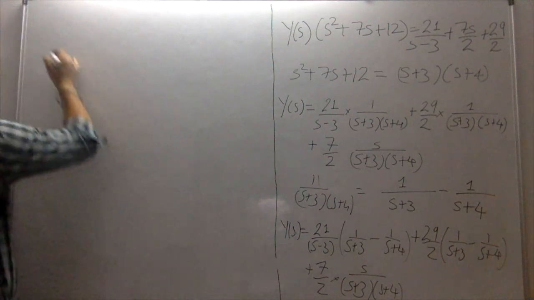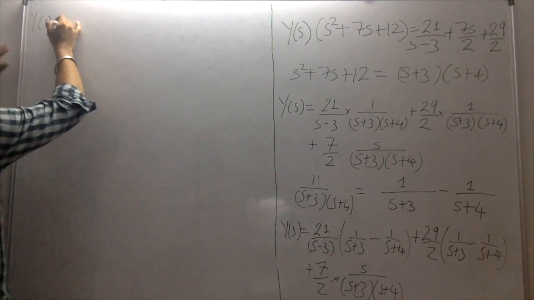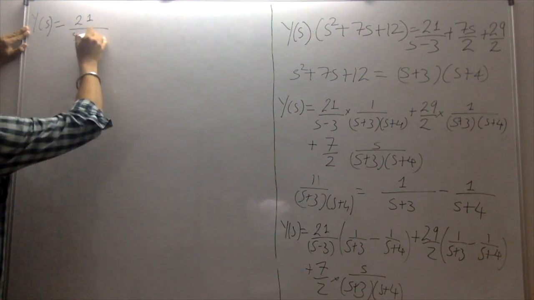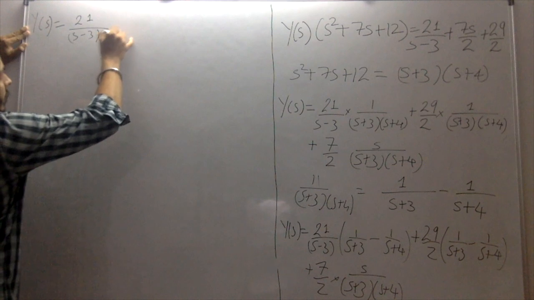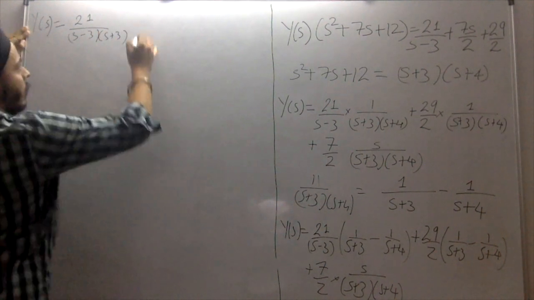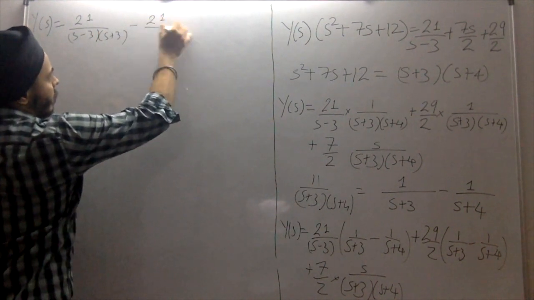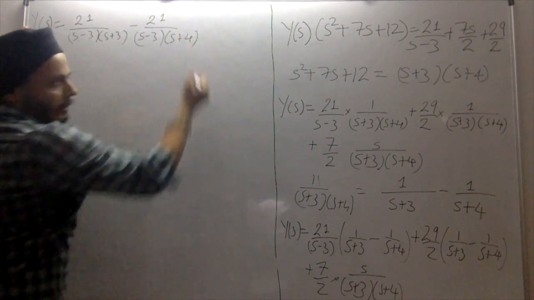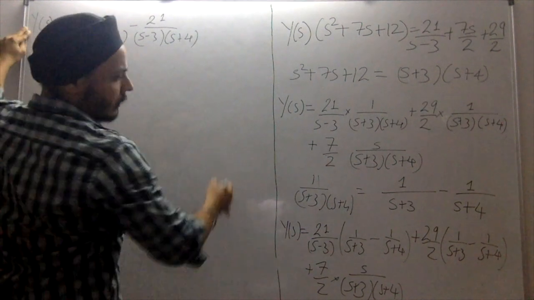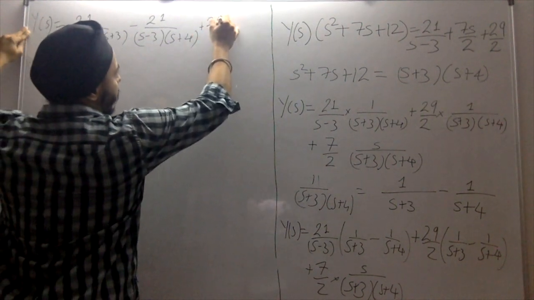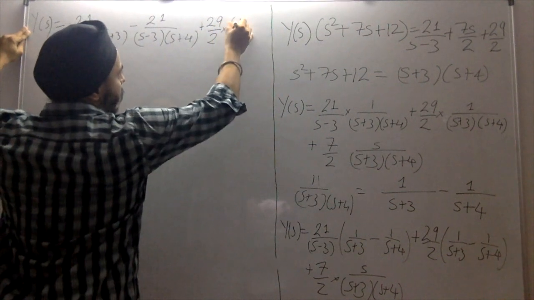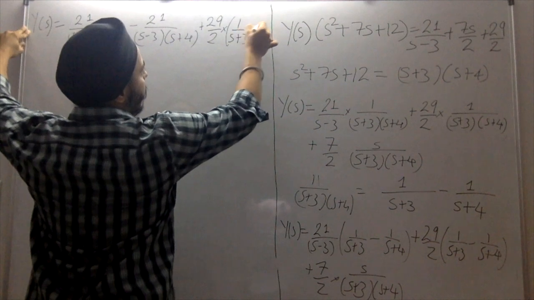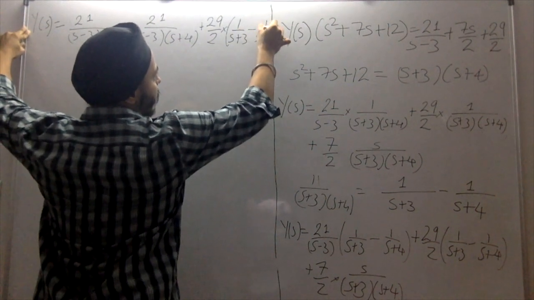So now our equation becomes y of s equals 21 over s minus 3 into s plus 3, minus 21 over s minus 3 into s plus 4, plus 29 over 2, 1 by s plus 3 minus 1 by s plus 4.